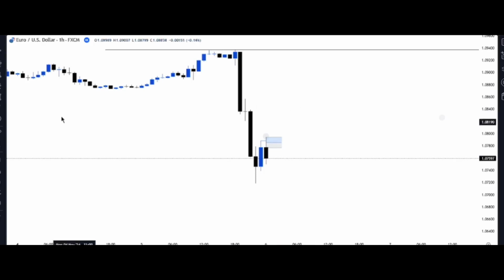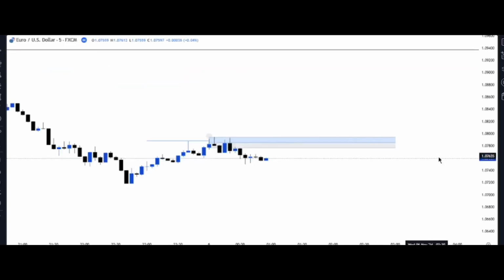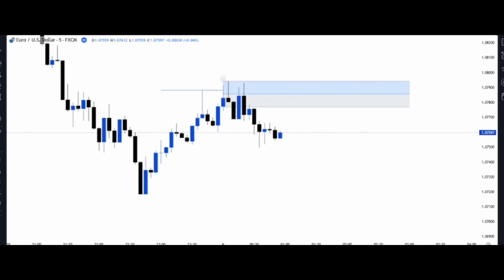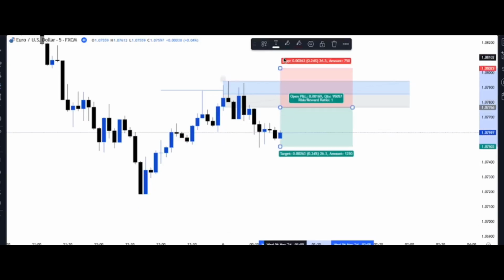So now, let's drop to the lower time frame. This is 1H now. We have identified it on the 1H, so we want to go to the 5M. So this is the 5M. What are we supposed to do on this 5M? Very simple. You just place your pending order here to go short, waiting for price to come and tap into it.